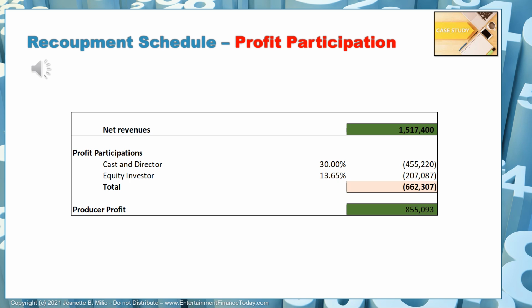So that is why 13.65% of 1,517,500 comes to $207,087. So altogether, we're paying $662,307 in profit participations, which leaves us with $855,093 as the producer profit.